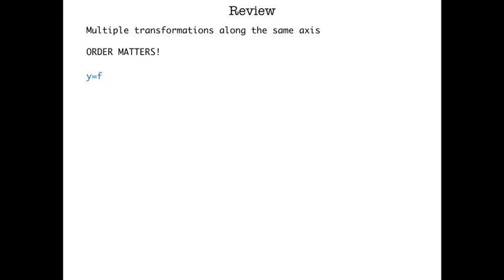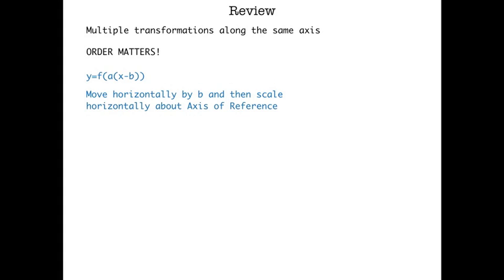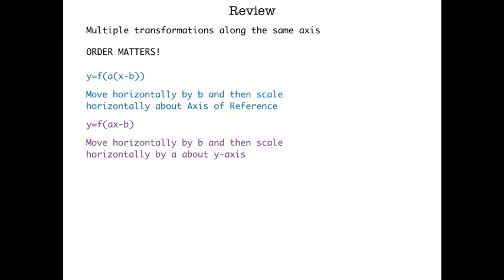So, if we have a factored out form of our input, we can move first and then scale about an axis of reference. Don't forget the axis of reference for these problems. If we look at the expanded version, then we can move first and scale about the y-axis. There's no axis of reference if we're going to do it this way.